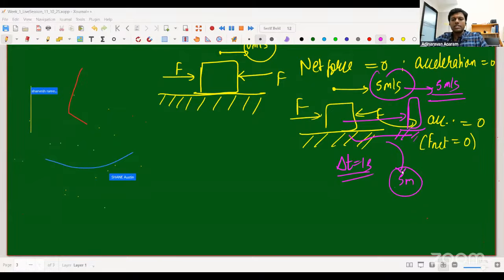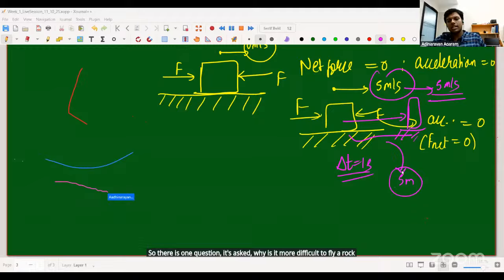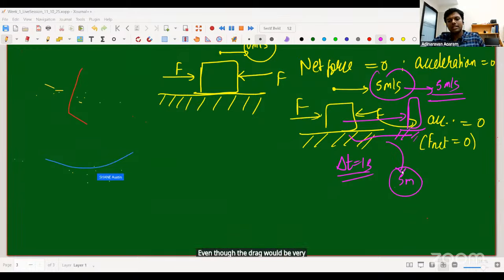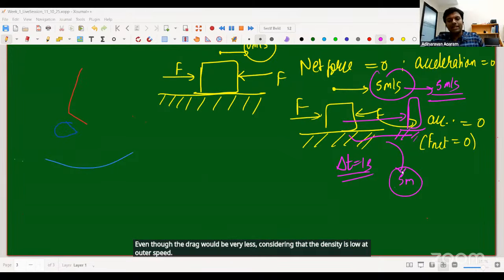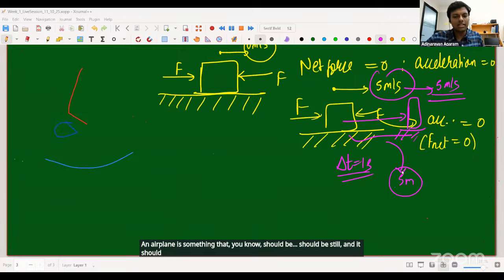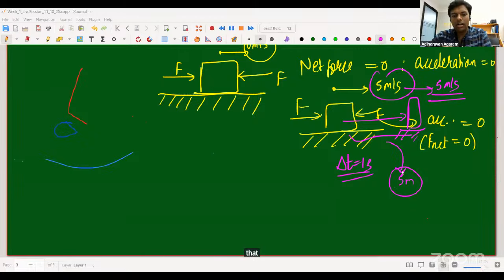There is one question. It's asked, why is it more difficult to fly a rocket or a launch vehicle than an airplane, even though the drag would be very less, considering that the density is low at outer space? They are completely different problems, to be specific. An airplane is something that should be still, and it should be able to cruise at that high altitude for a long time.